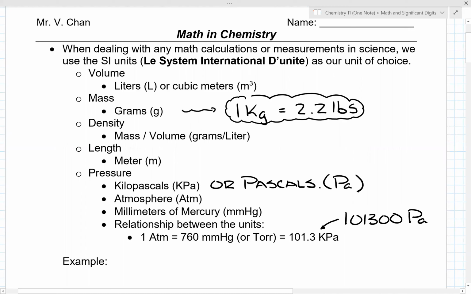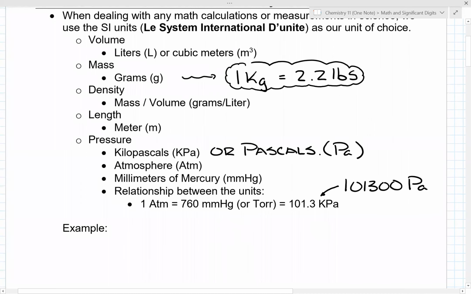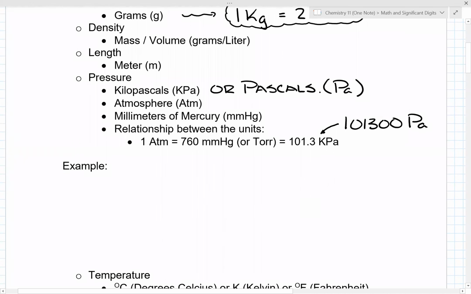Okay. Now, because pressure has 2 or 3 different units, you should know how to convert between them. So for example, let's say we had 400 millimeters of mercury. You want to find out how many kilopascals that is.